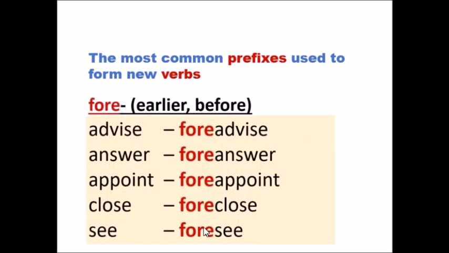Next verb prefix is fore. Fore is also a verb prefix and it means do something before or in advance. Advise, forewarn. Answer, foreanswer. Appoint, foreappoint. Close, foreclose. See, foresee.